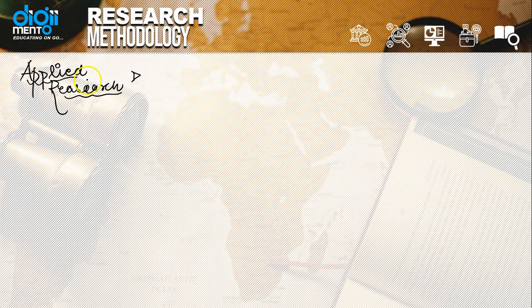So most of the characteristics of applied research are found in applied research. So what is the functionality of applied research? And one more thing I want to tell you, applied research is very important. Most of the time questions arrive from this part, applied research, okay. So applied research utilizes the principles made by fundamental research, okay.